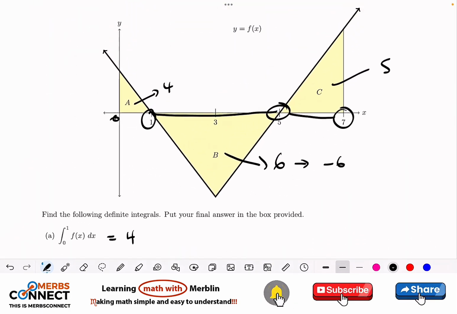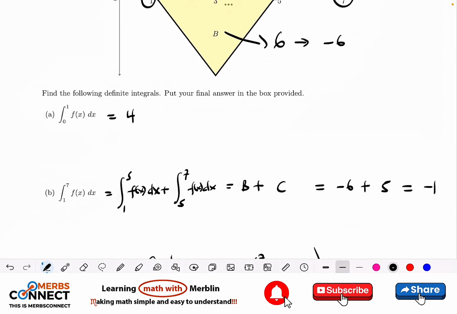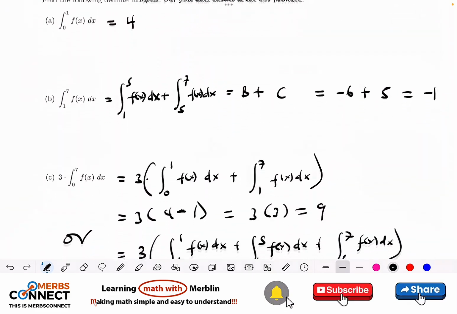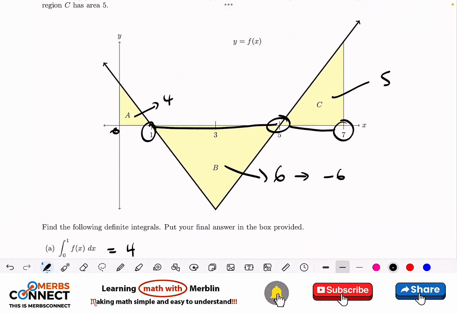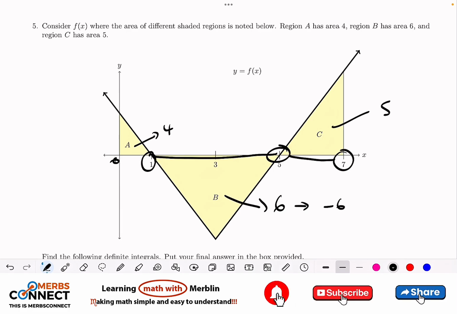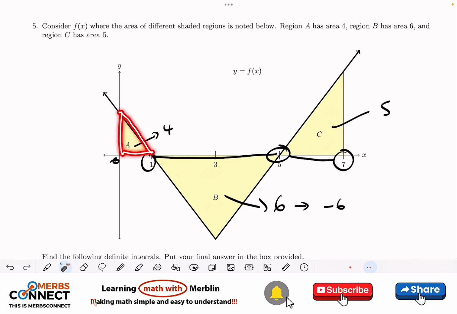So that is how we can also utilize finding area under the curve. That's actually the integration that we are doing. So if this was the graph that we drew, and I want to find the area for this, I'm going to use the area for a right angle triangle, so half base times height.